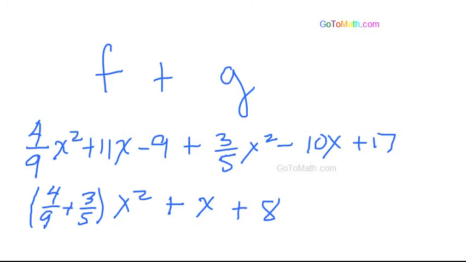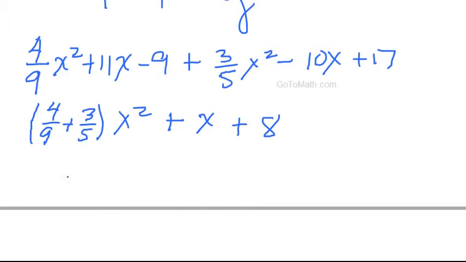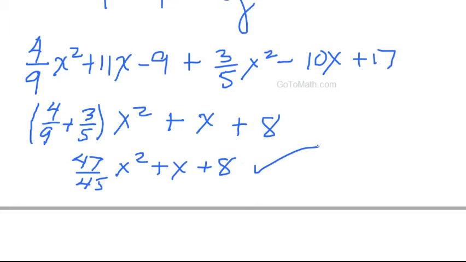Now there is a section on fractions that you might want to go over if you have forgotten how to do your fractions. I'm getting 47 over 45. 47 over 45 x squared plus x plus 8.